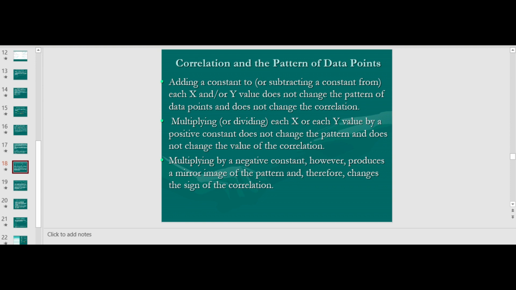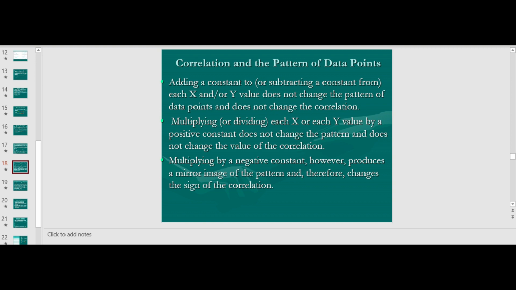Similarly, if 5 points are subtracted from each x value, the pattern would shift to the left. In either case, the overall pattern stays the same and the correlation is not changed.